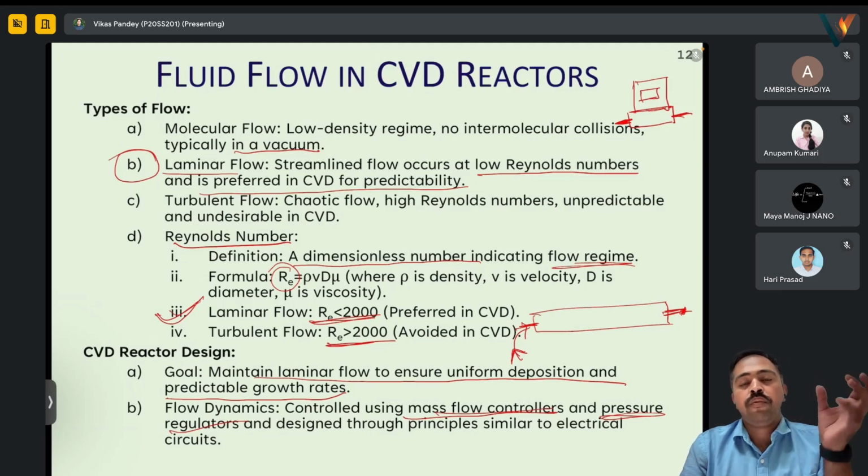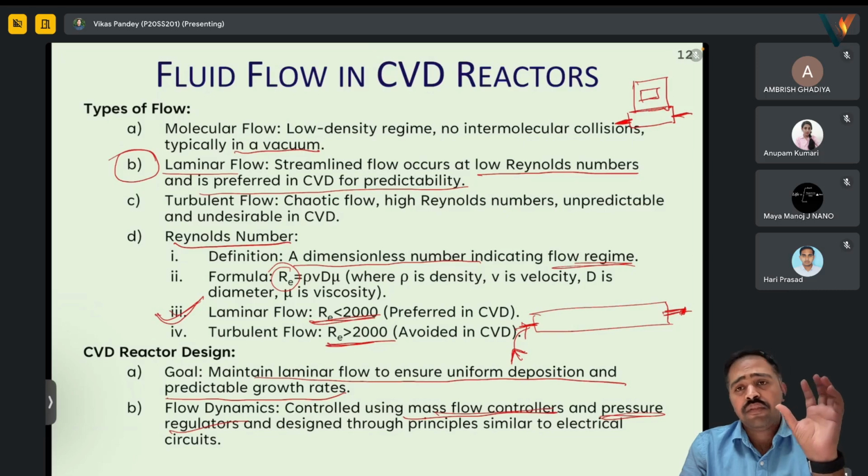Like if I am flowing hydrogen, I will set hydrogen 30 SCCM. SCCM is standard cubic centimeter per minute. So in 1 minute, how much volume of gas will flow, we determine using the MFC, or mass flow controller.